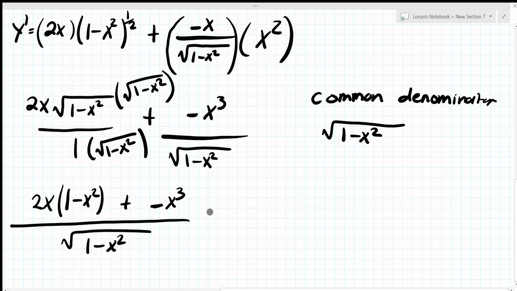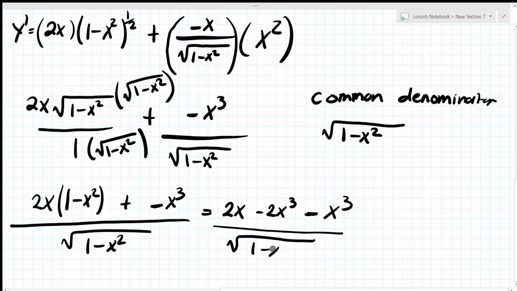Okay, so let's simplify this. So 2x times 1 is 2x, and then 2x times negative x squared is negative 2x cubed, and then plus a negative x cubed, all over square root of 1 minus x squared.